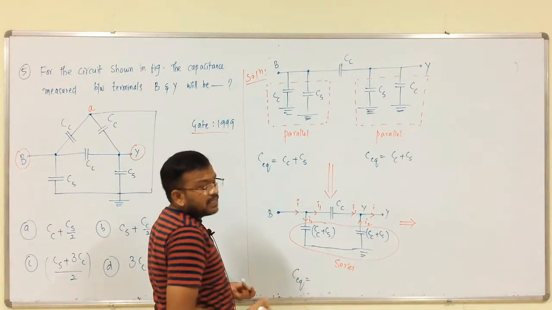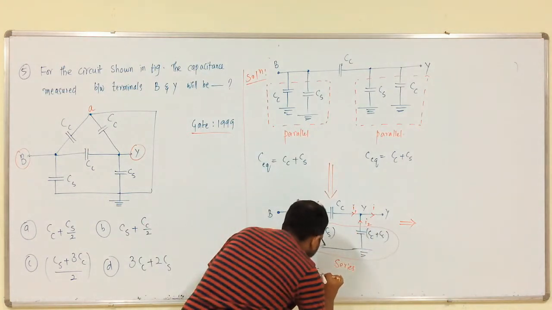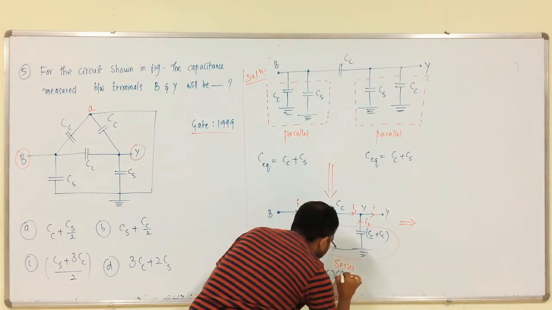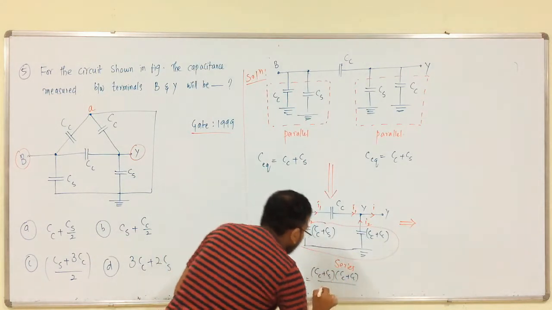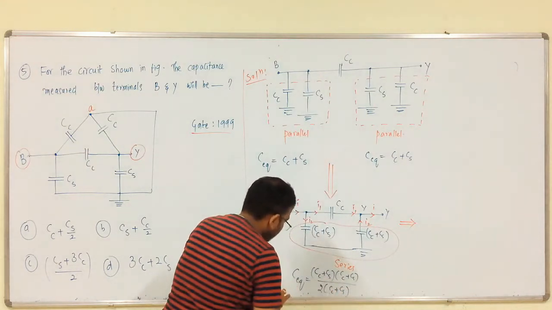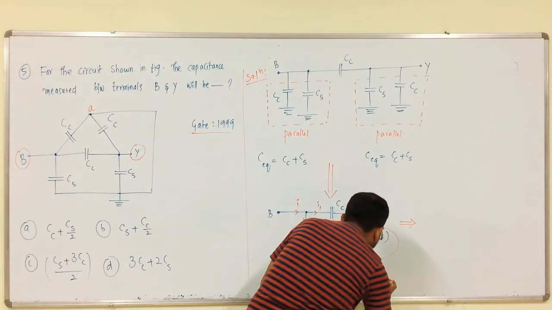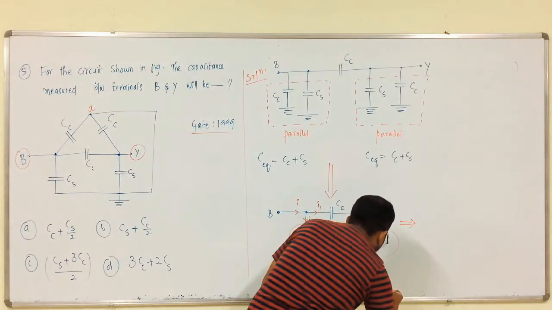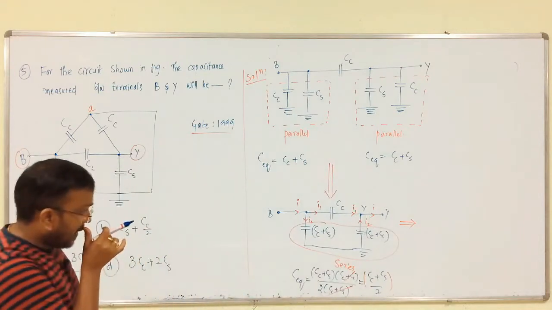C1 C2 by C1 plus C2, that is CC plus CS into CC plus CS by C1 plus C2, that is 2 into CC plus CS. From this part and this part is cancelled, therefore, we will get CC plus CS by 2. So, this is the series combination of this, right.